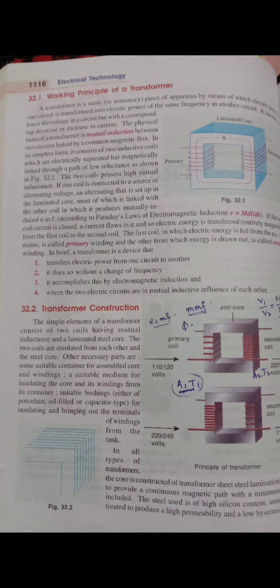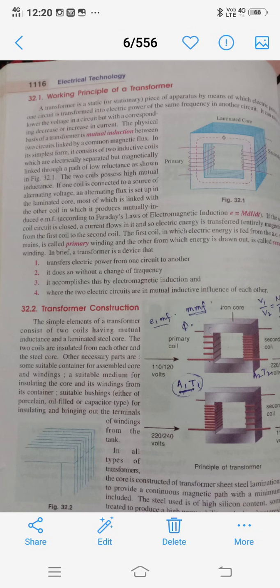It transfers electric power from one circuit to another without a change of frequency. It accomplishes this by electromagnetic induction, where the two electric circuits are in mutual inductive influence of each other.